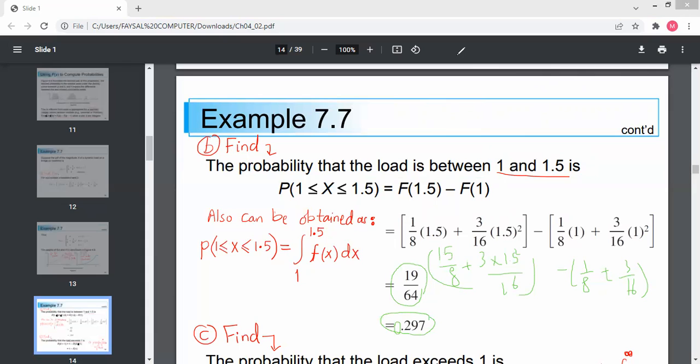So this is how we find the probability between 1 and 1.5.